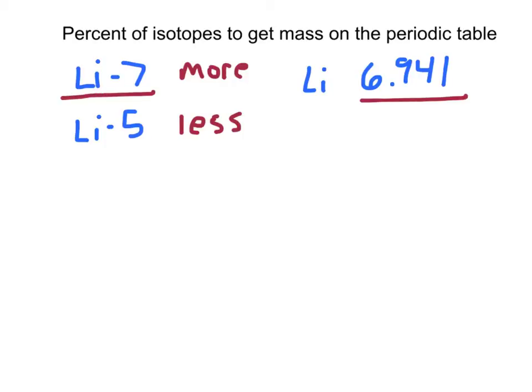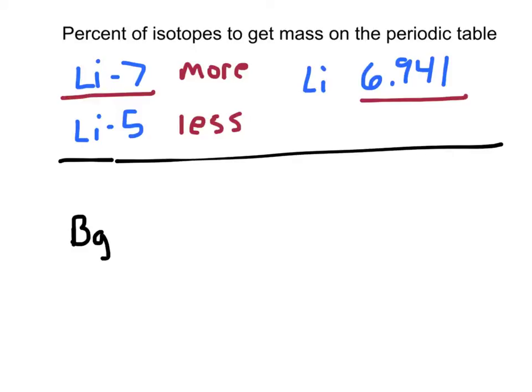Now, we're also going to have questions in which you're going to be given the percent for each of the isotopes. So say that, and I'm just going to make up a bogus element here. We'll call it BG for bogus. And I had bogus element here of 8.